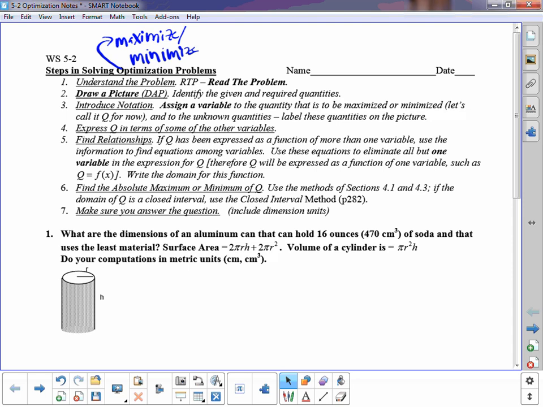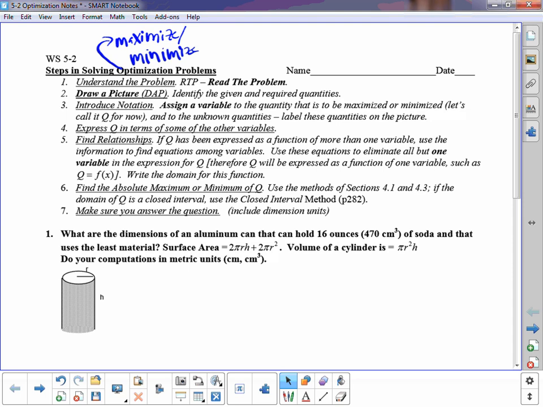So, for example, that first problem, where it talks about making sure we have a can that holds its contents but uses the least amount of material. This is ideal for companies to figure this out because then they can save money by using less material. Because we know a 16-ounce can could be tall and skinny or short and fat.